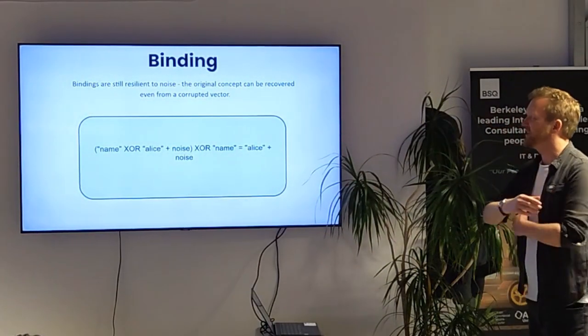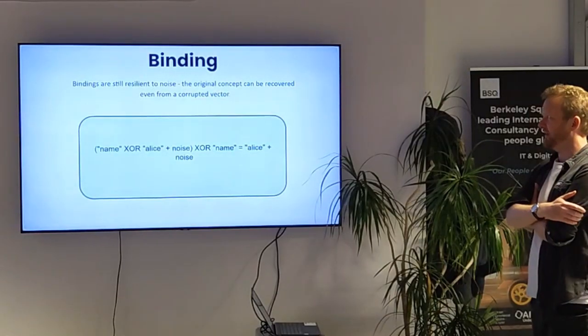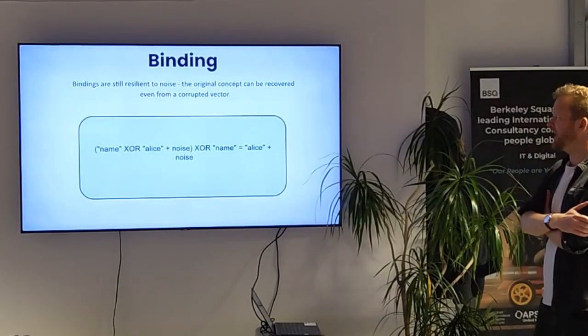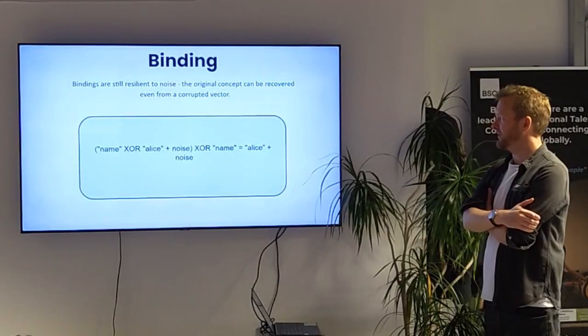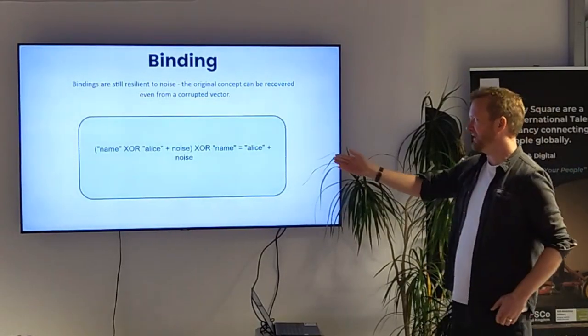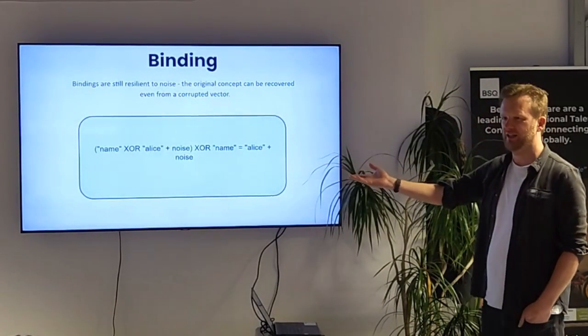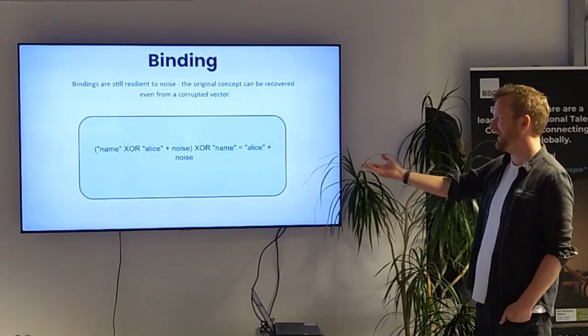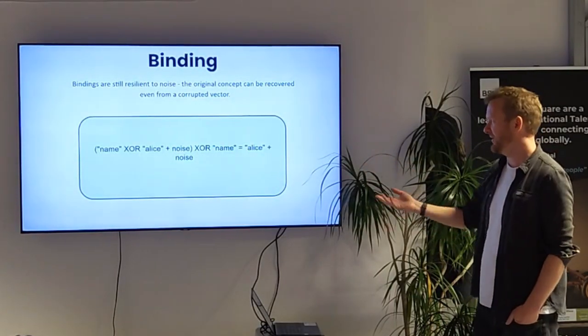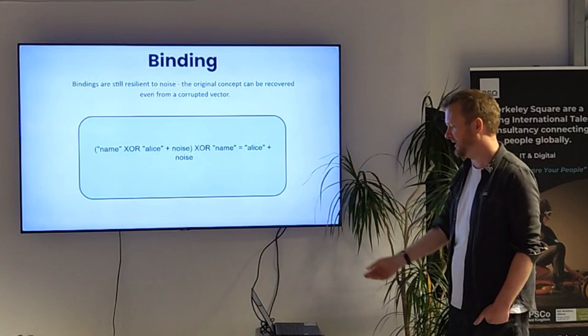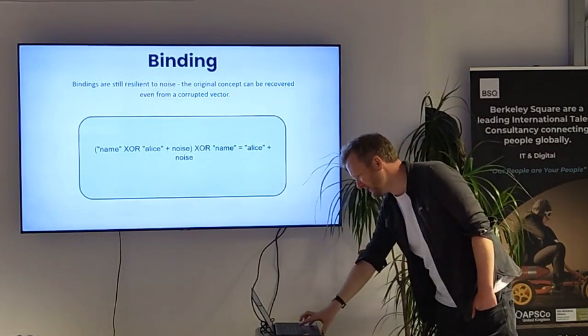That's what this slide tells us, right? These bindings are still resilient to noise, and we can recover that concept even from a corrupted one. So hopefully that's clear. Noise is just noise, so when you exclusive OR it with the random vector name, it's just more noise. So you just have Alice plus noise, and our system can deal with noise because of the sparsity of the space.